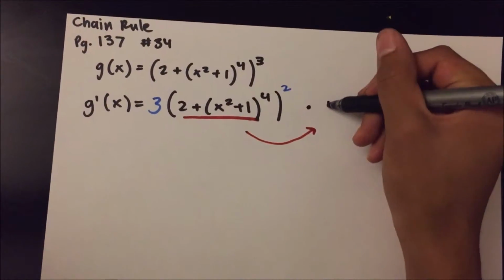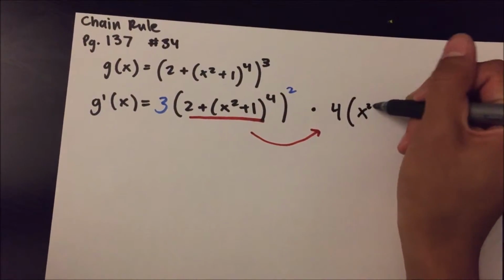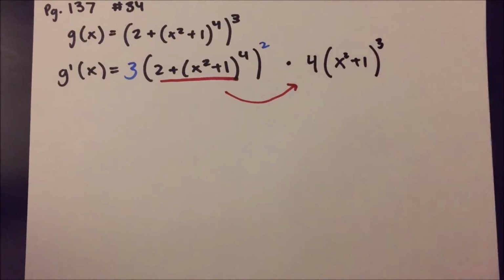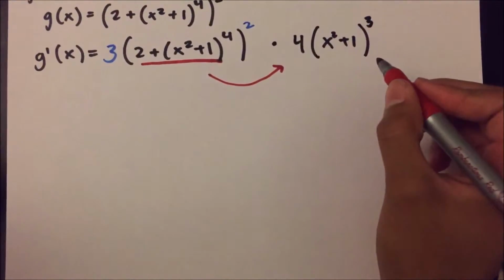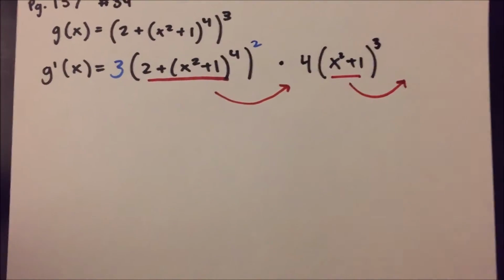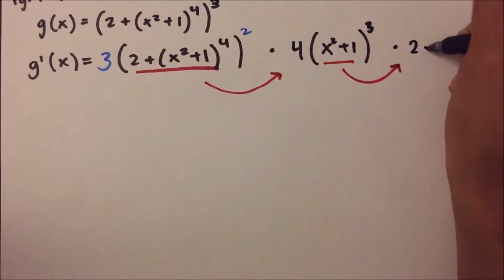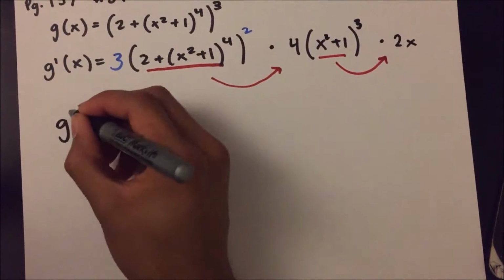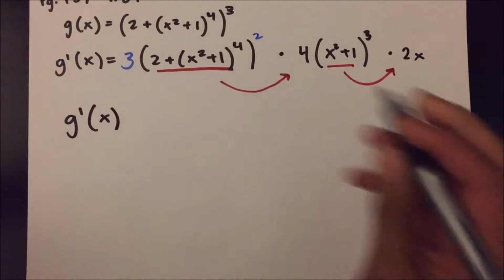bring down the 4, x squared plus 1, making this 3, and you also have to find the derivative of this, which basically is 2x. Now, all we have to do now is just simplify.